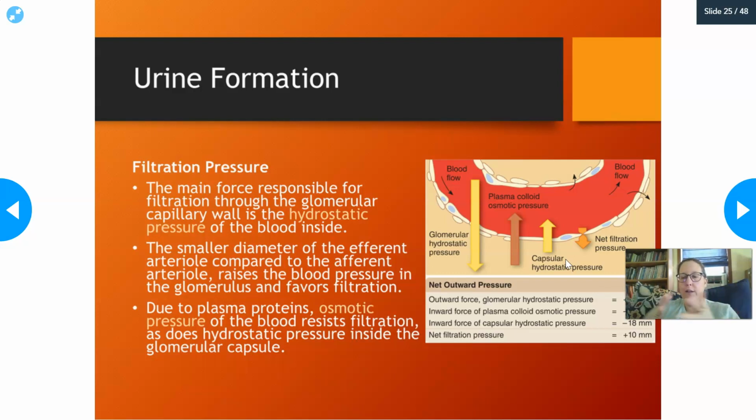So hopefully that fluid flows, but the fact that there's fluid there can also counter the pressure here. And so generally speaking, if all goes well, you do end up with a net filtration pressure and, of course, the production of the glomerular filtrate, which will eventually become urine.